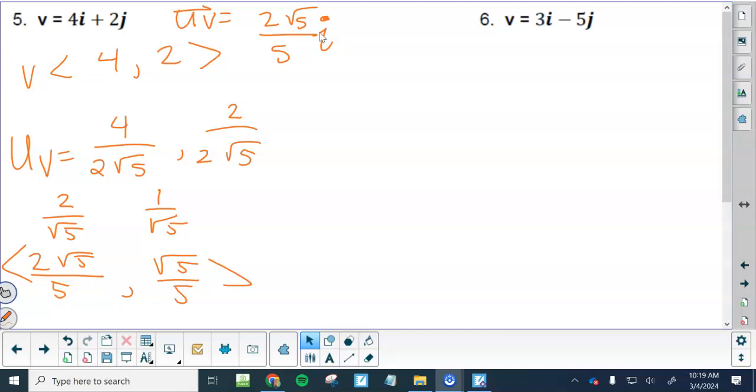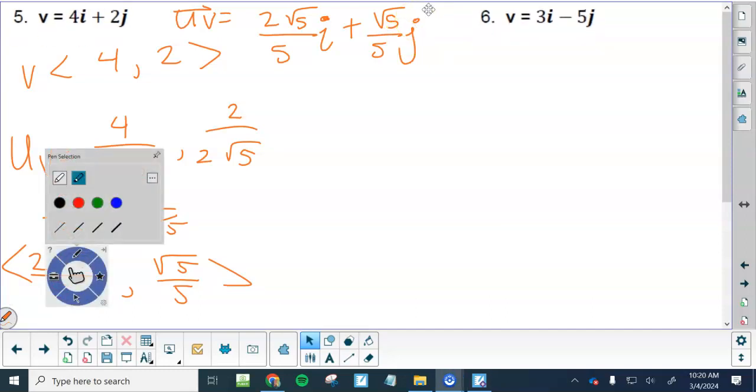Which one? Plus, because it's positive. Root 5 over 5 J. And that is going to be the answer.